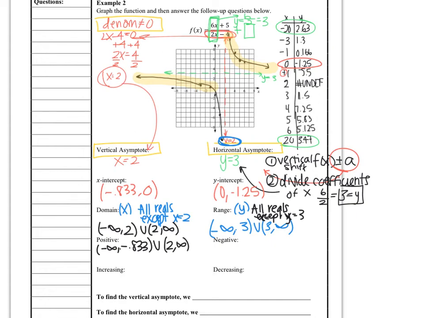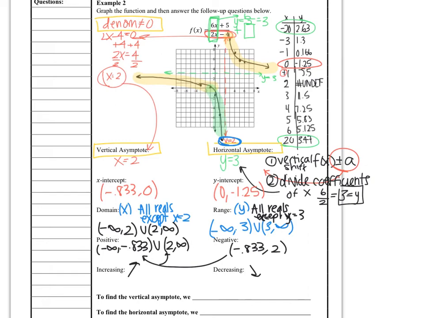Negative is where we're below, so below the x-axis would be anywhere in this screen space. So that looks like from the x-intercept until I hit the wall at x equals 2. And you can see that that would fill in that gap right here. Okay? Increasing is where the graph goes upwards from the left, decreasing goes downwards from the left.